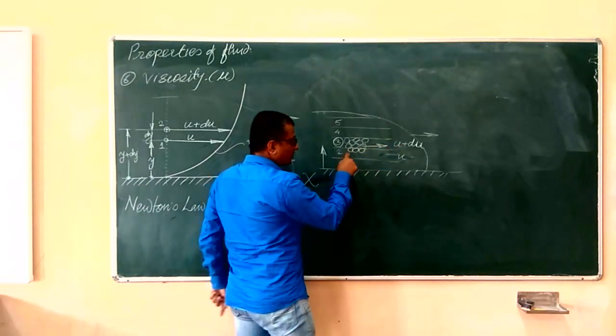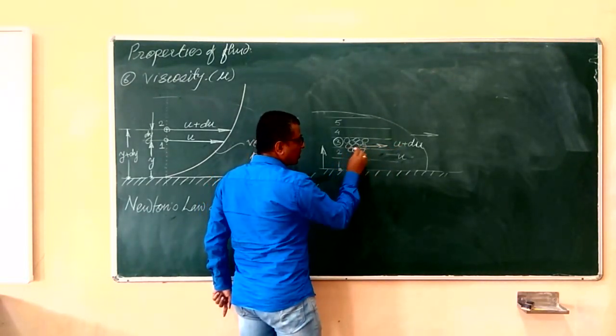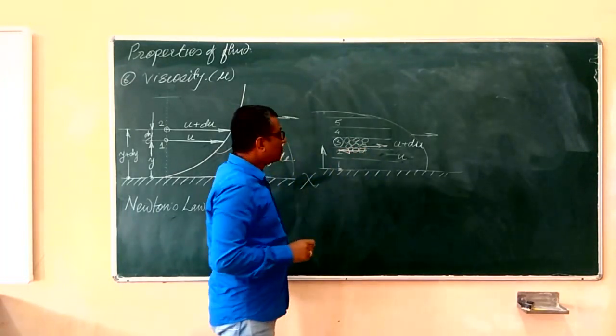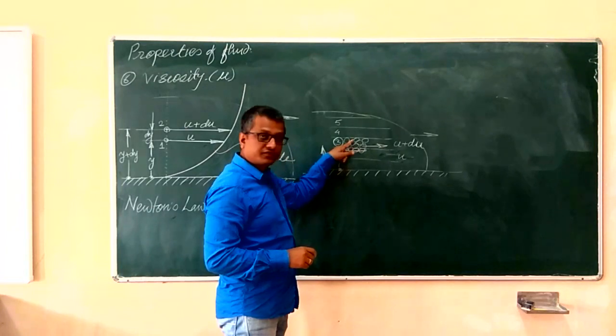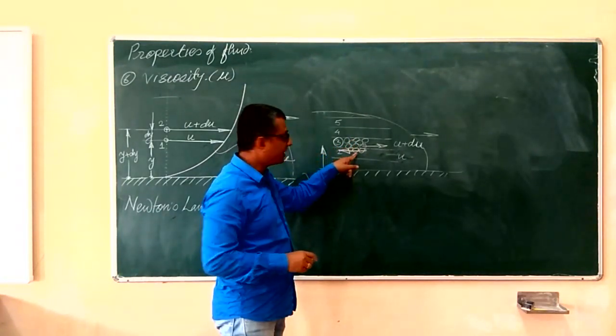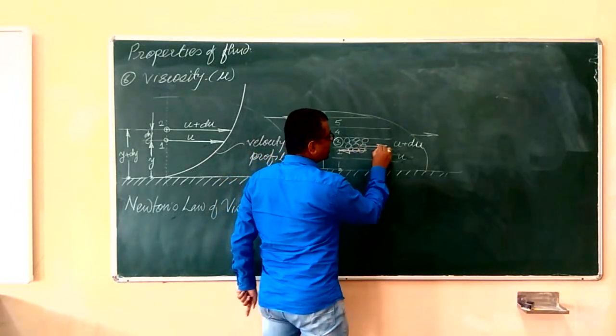So the molecules of this fluid layer will exert a force onto the top fluid layer in the reverse direction, whereas the molecules of fluid layer number 3 will exert a force onto the lower fluid layer in the forward direction, in this direction.